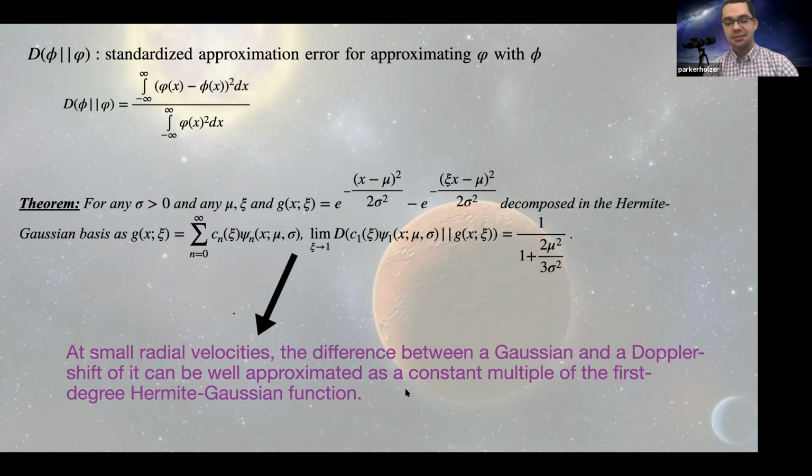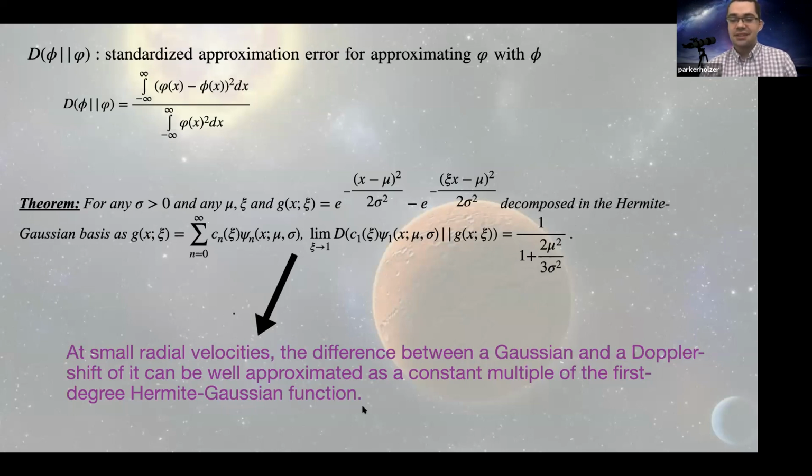And this isn't too much of a surprise if you think about it, because the derivative of a Gaussian is a constant multiple of the 1st degree Hermite-Gaussian function. And while I mentioned that a Doppler shift is a rescaling of the wavelength axis, as long as you're dealing with a narrow window of wavelength and are far away from 0, that rescaling is almost the same thing as an additive shift.